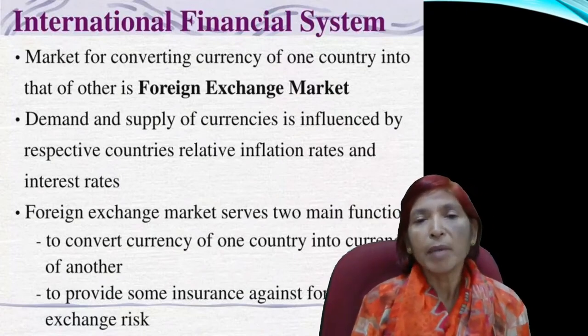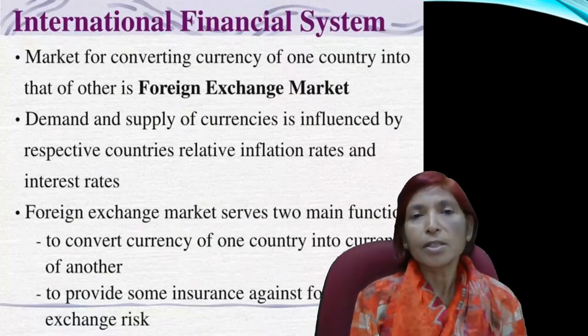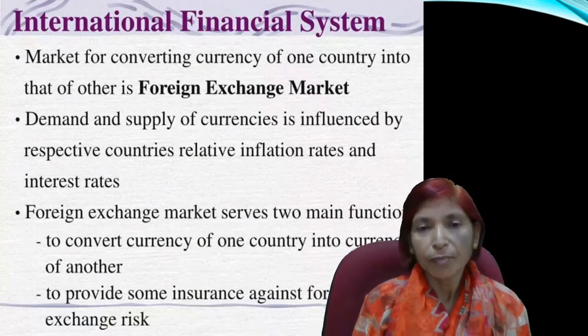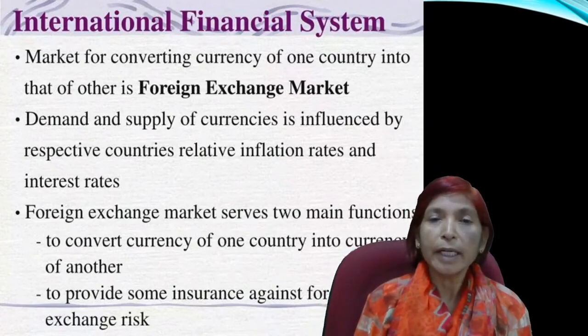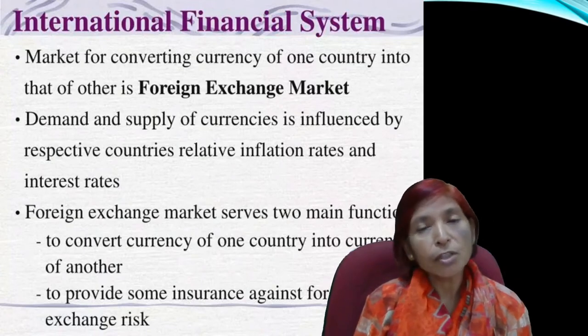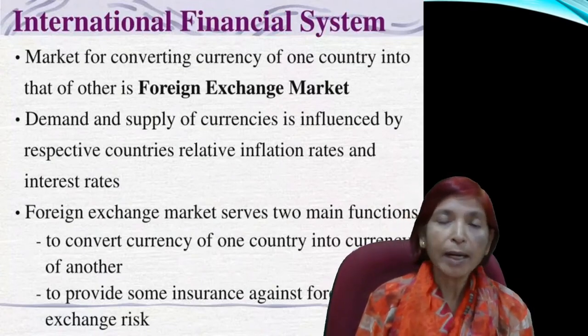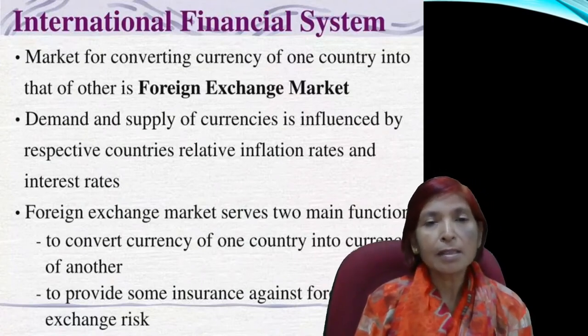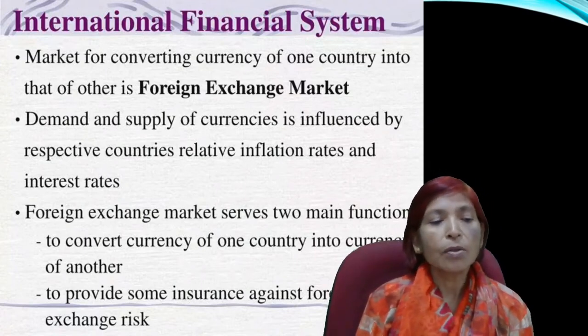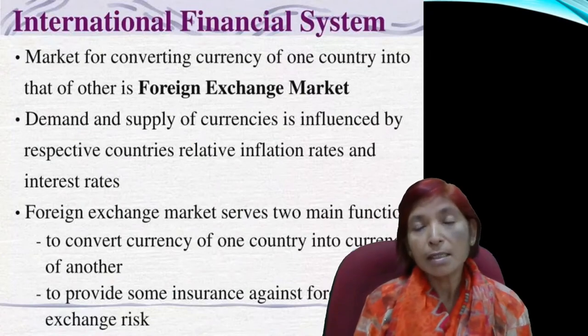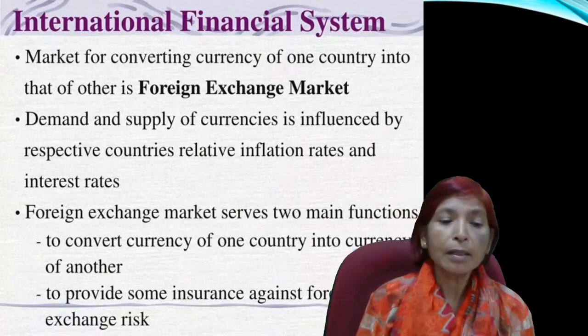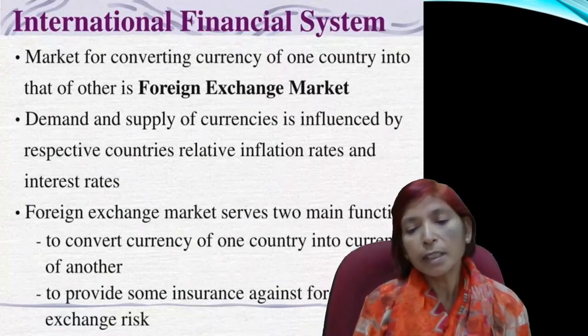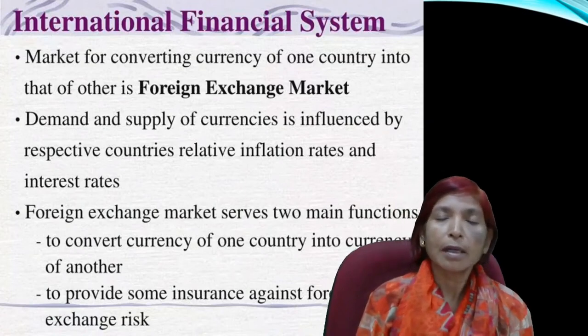So these are the main functions of the foreign exchange market. And foreign exchange rate is that rate at which you can convert one country's currency into another country's currency, and the market is a place where these transactions can be done. So foreign exchange market is that market where one country's currency can be converted into another country's currency.